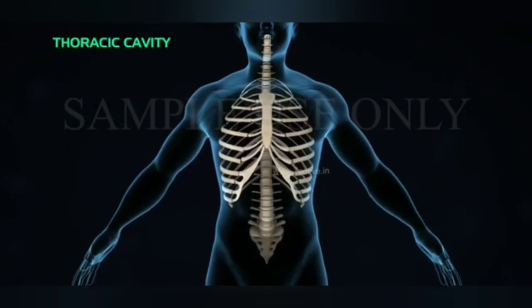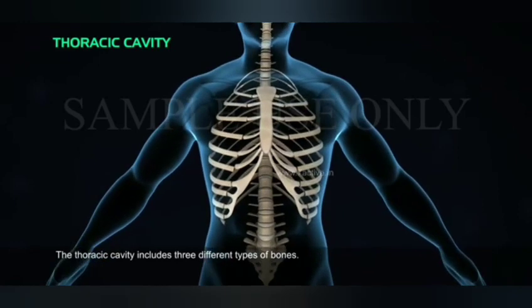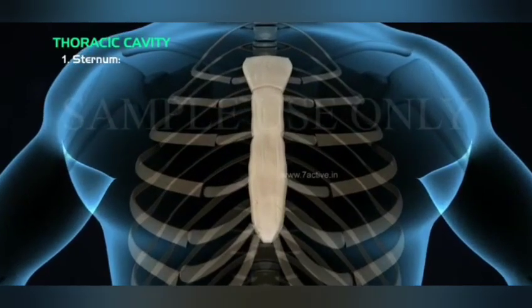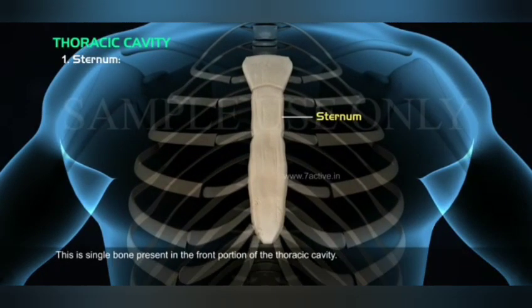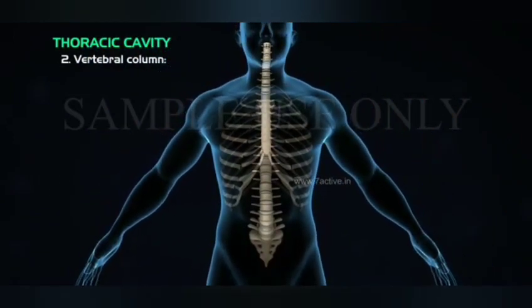Thoracic cavity. The thoracic cavity includes 3 different types of bones. 1. Sternum. This is a single bone present in the front portion of the thoracic cavity. 2. Vertebral column.